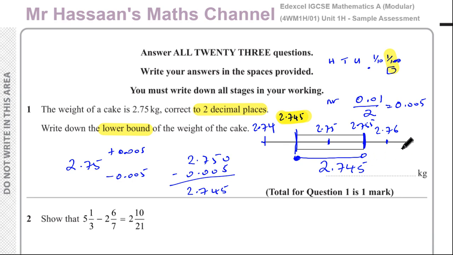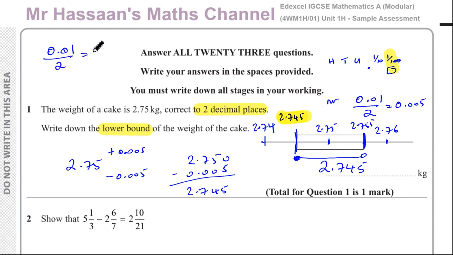Okay, so this is from the topic of upper and lower bounds, an important topic, and I tried to give some sort of background to it. Now, if you didn't understand what I explained here, and you just want to know the procedure, it's a very simple procedure. It says nearest 2 decimal places. So you write 0.01 to 2 decimal places, always a 1 here.